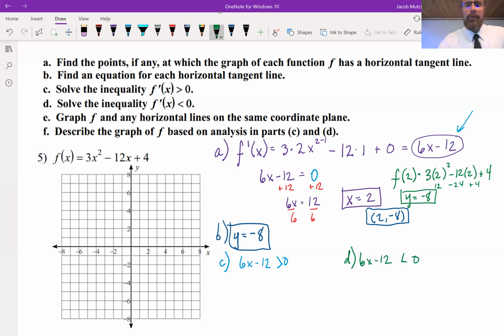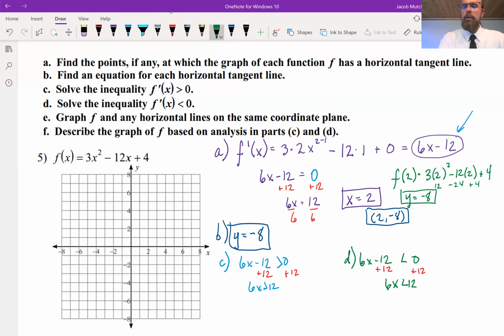We'll do both of those side by side since they're similar tasks. I'm going to add 12 to both, and for both, that puts 12 on the right side. So part C here is 6x is greater than 12. Part D is 6x is less than 12.